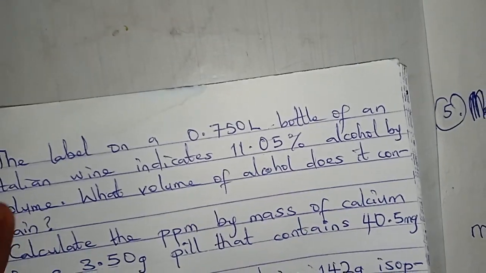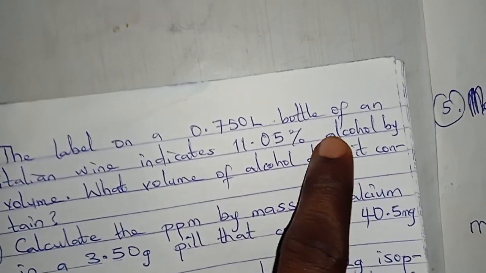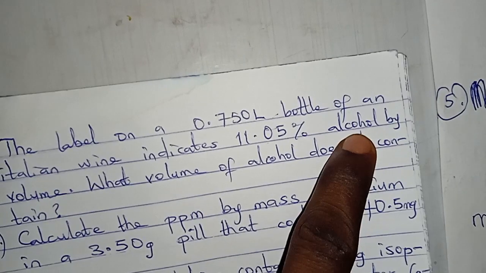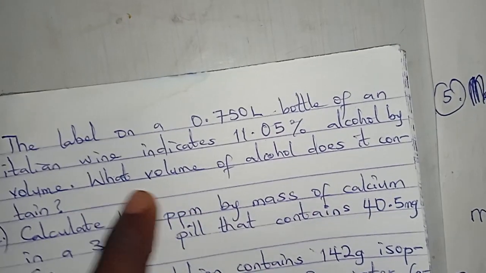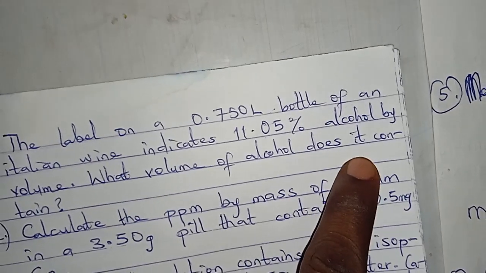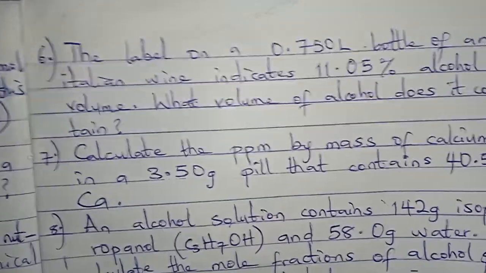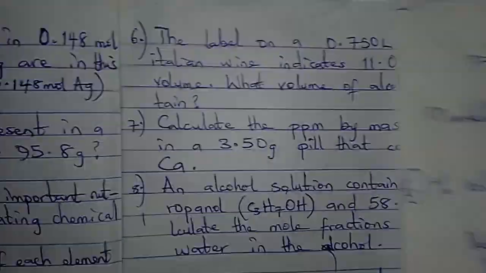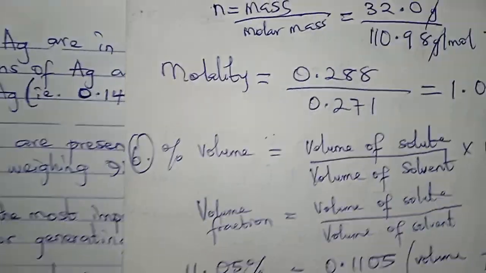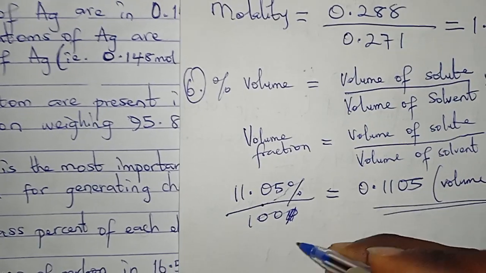Then it indicates volume percent of alcohol to be 11.05%. Now, what volume of alcohol does it contain? Come to volume fraction now.